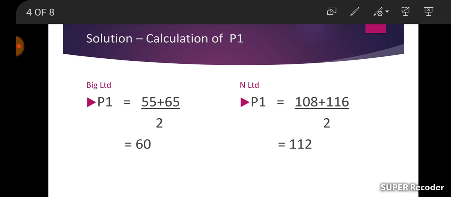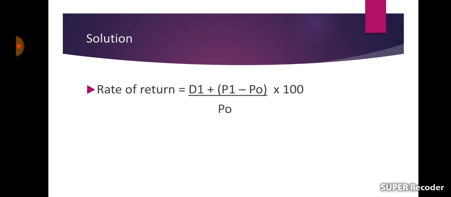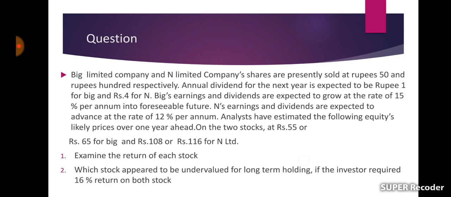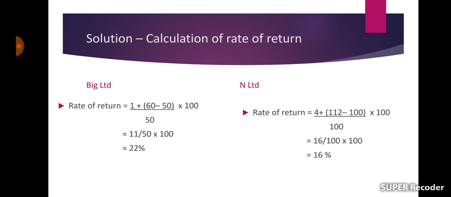Now we can calculate the second part of the question. But before that we need to calculate the rate of return, the first part of the question. For that, the equation is (D1 + P1 - P0) / P0 x 100. In the case of Big Limited, D1 is equal to rupee 1.